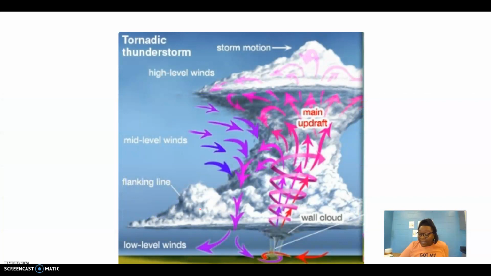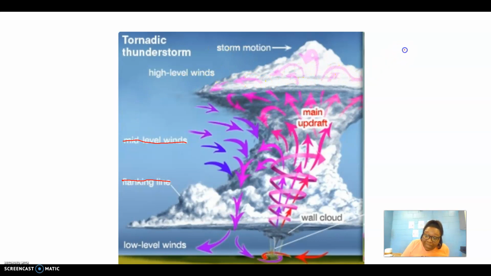So this is the second big picture you're going to draw. And a picture of this is in Schoology as well under notes. How do tornadoes form? You don't have to write these words here. The words that I cross out, you don't have to write.